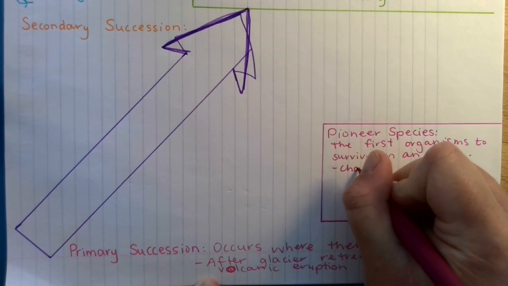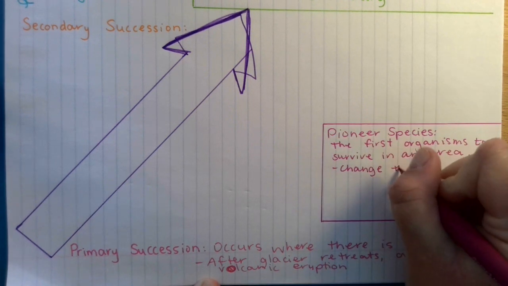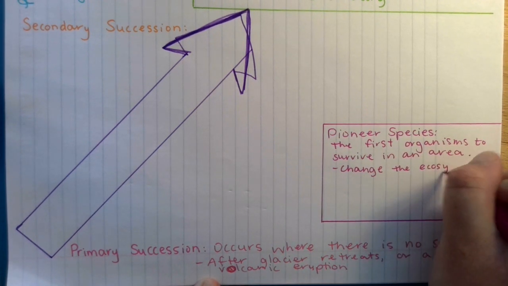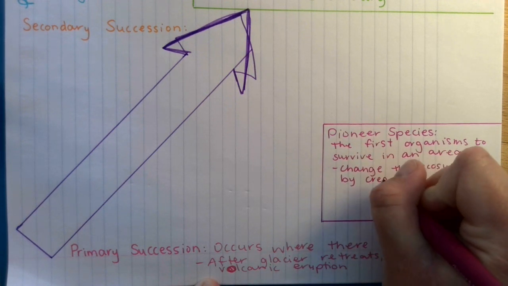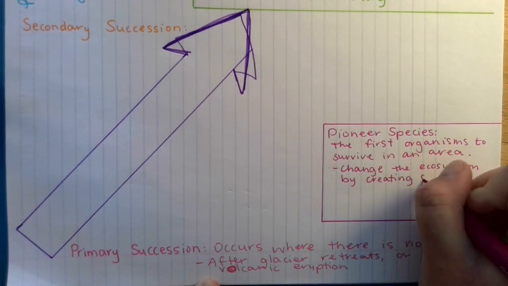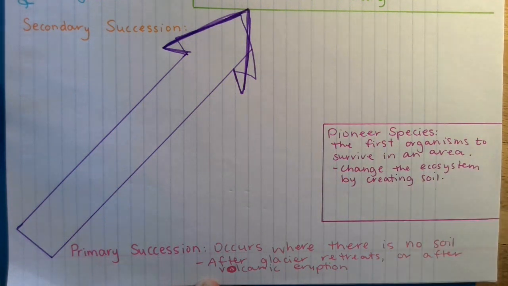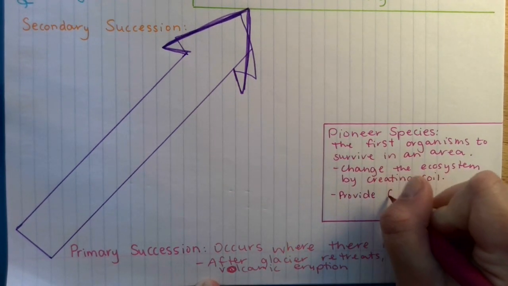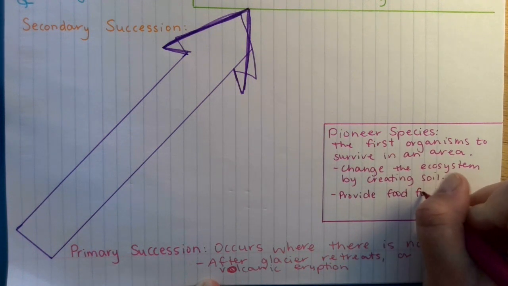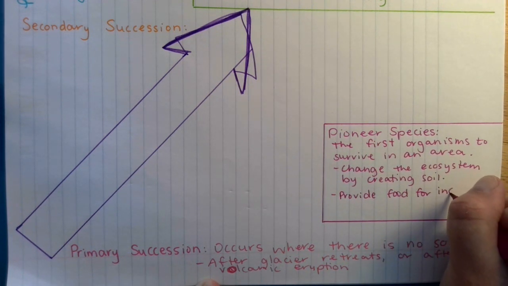They change the ecosystem by creating soil, and they provide food for insects.